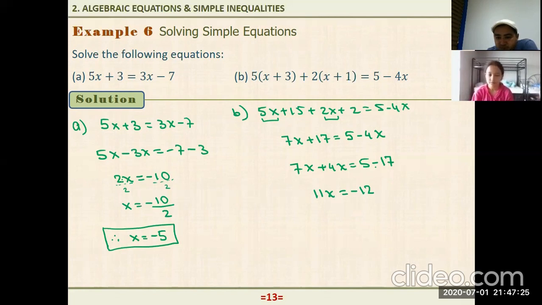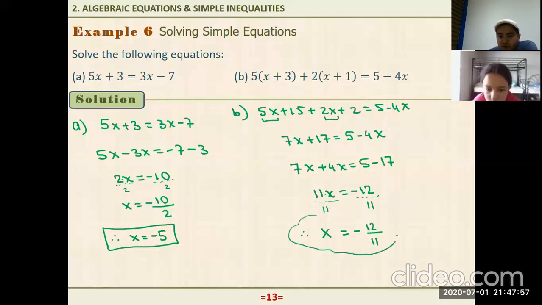Because here it is plus, it is minus, so we have to subtract. Which one is bigger, 5 or 17? That one is bigger, so we need to put the negative sign here, negative 12. So how can I eliminate this 11 now? We should divide both sides by 11. The 11s cancel each other because it's a common factor. Here we have x equals minus 12 over 11. That is the solution of the given equation.